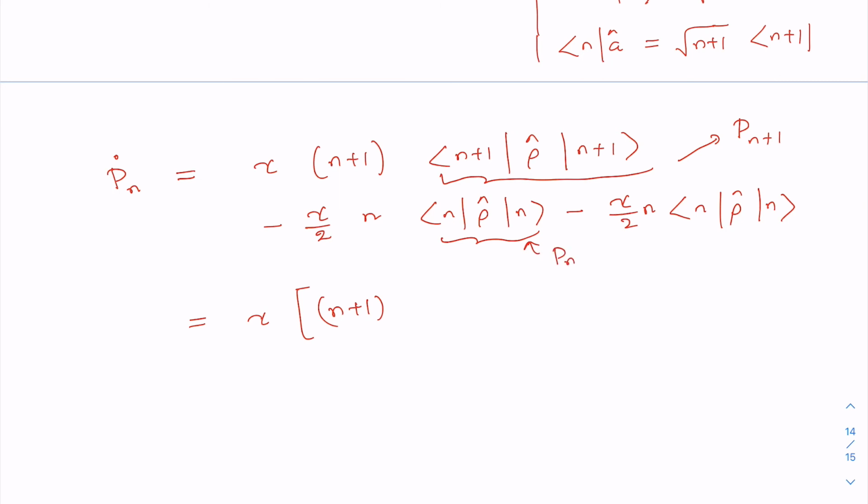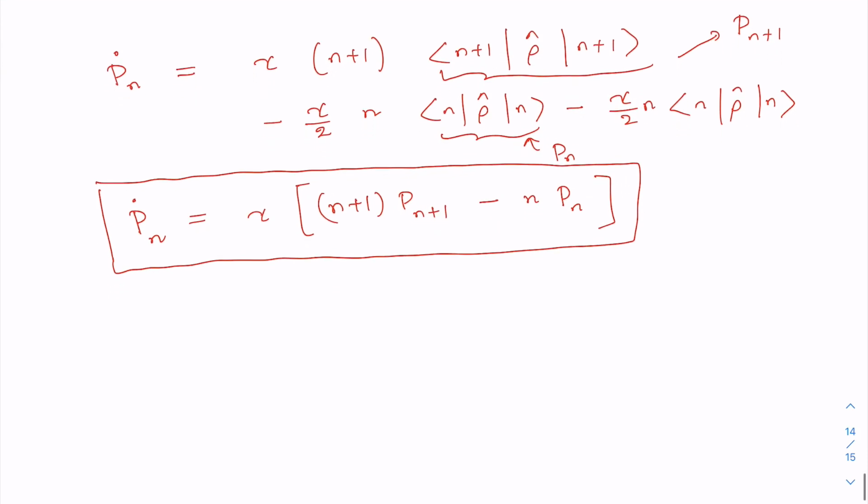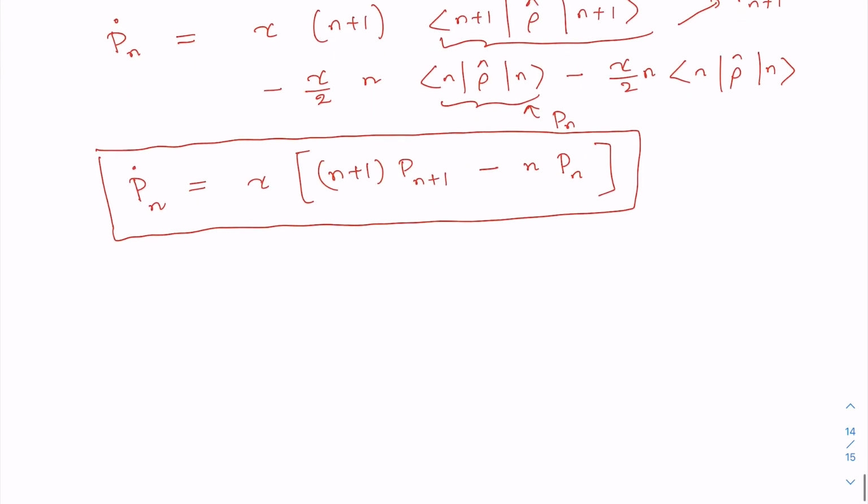So we can then have it as Pn plus 1 minus n Pn. So this is the equation we get, the time rate of change of the probability for having the harmonic oscillator in the state n would be given by this one.